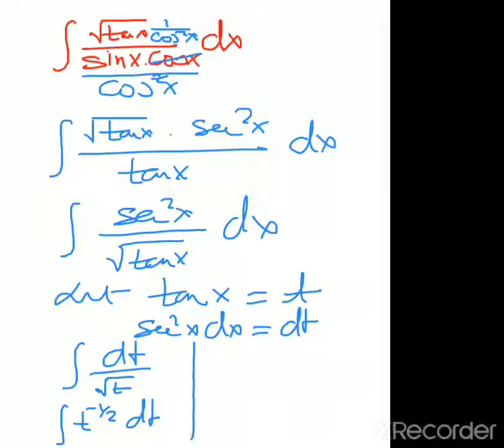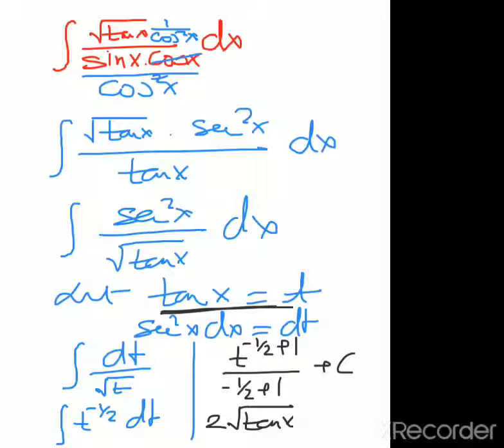Now on the integral, we will be getting t to power minus 1 by 2 plus 1 upon minus 1 by 2 plus 1, plus c. So it will become 2 times root t, and root t can be written as root tan x, plus c.